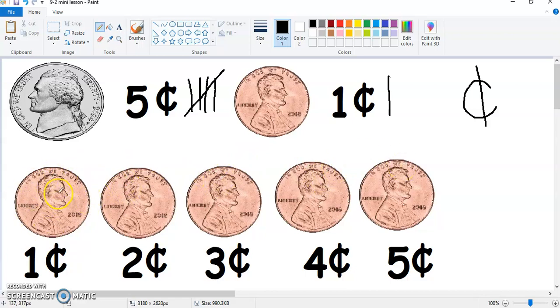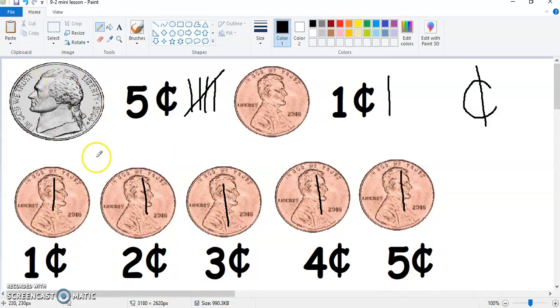Well, if each one is worth 1, we could say this one is 1, this one is 1, this one is 1, this one is 1, this one is 1. How many do we have in all? Let's count. 1, 2, 3, 4, 5. 5 pennies is 5 cents. 5 pennies equals 5 cents because each of them is worth 1 cent.